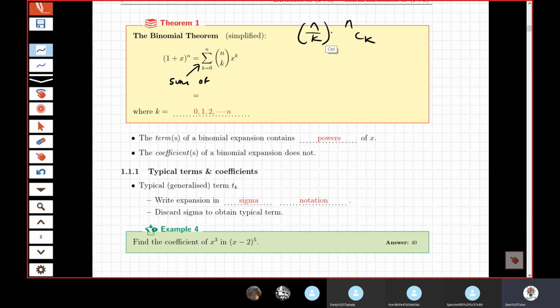So I get mixed up sometimes, and to avoid that, I just use n choose k. But that's the same notation. Sum of n choose k, x to the k, starting from 0 all the way up to n.